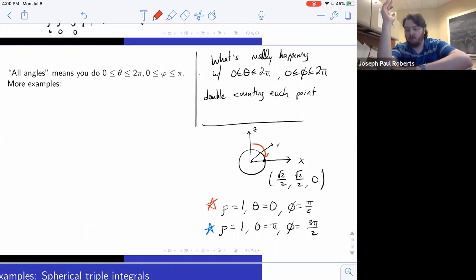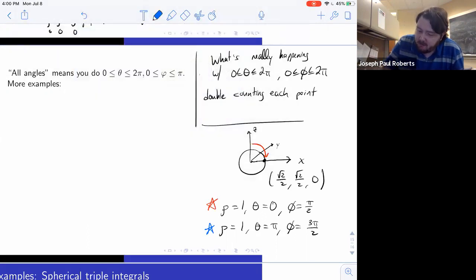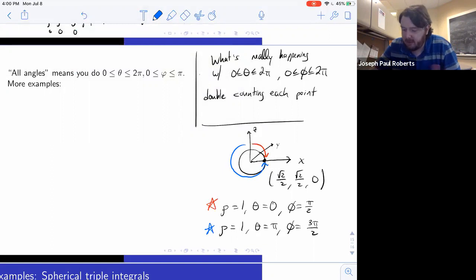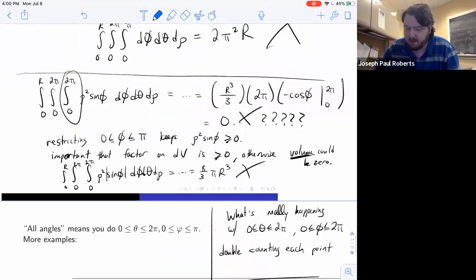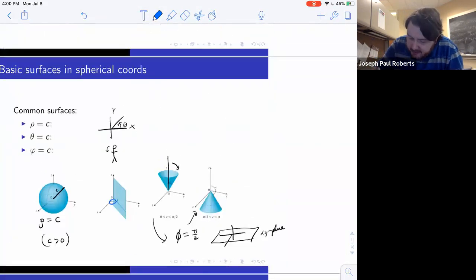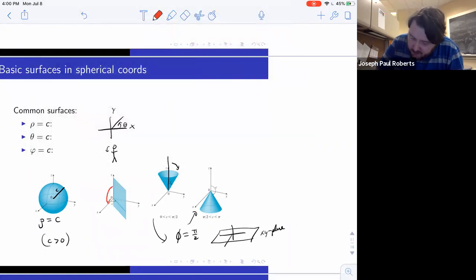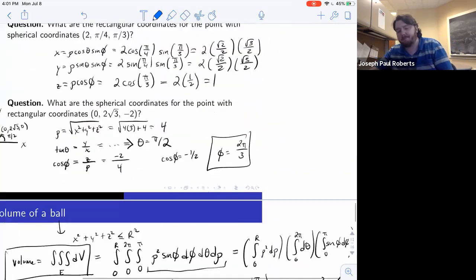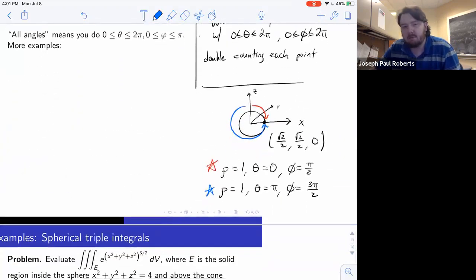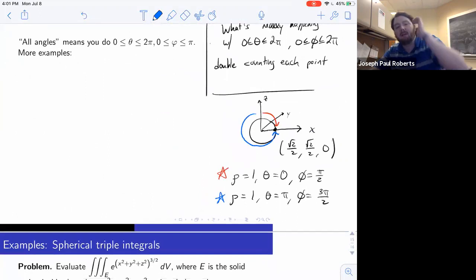Whereas if I do theta equals pi, I'm swinging down this way, and I'm going past the negative z-axis. As far as theta is concerned, our angle theta is this angle here. Swinging the other way, you're going towards the negative x-axis, which means you're going all the way around to get to the same point. So that's my claim, that these two triples of spherical coordinates give you the same thing.